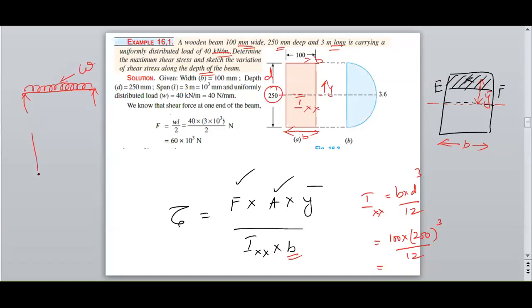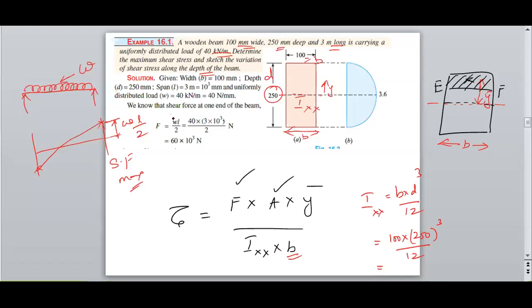So I need to draw the shear force diagram. The shear force looks like this. The maximum shear force attained in this beam is WL by 2.